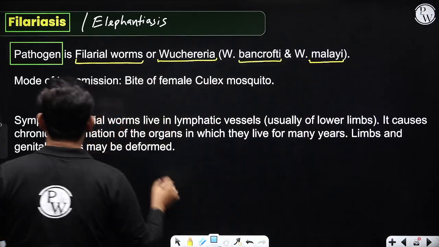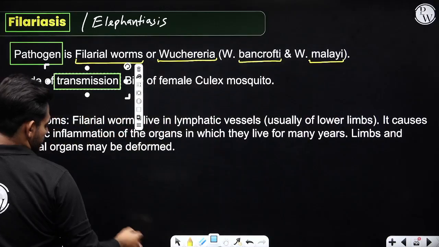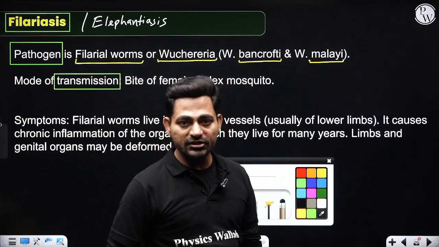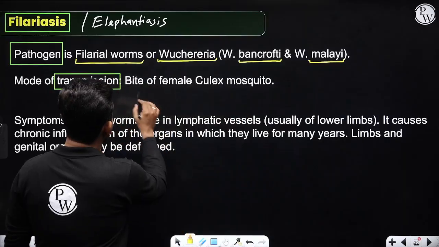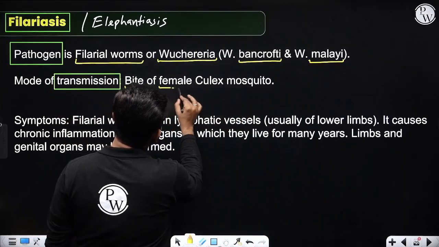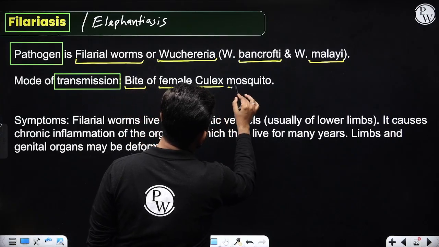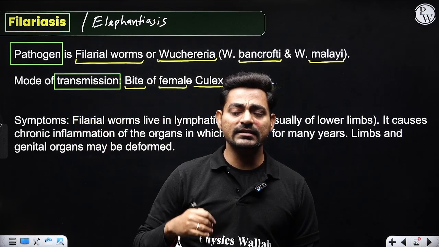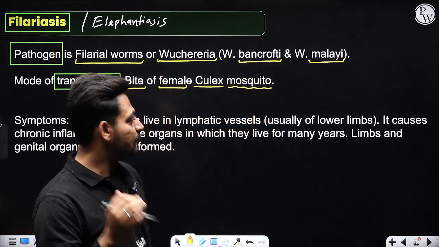Mode of transmission: they are vector-borne diseases. How will a healthy human get this Wuchereria inside the body? From the bite of female Culex mosquitoes. So female Culex mosquitoes act as their mechanical vector.